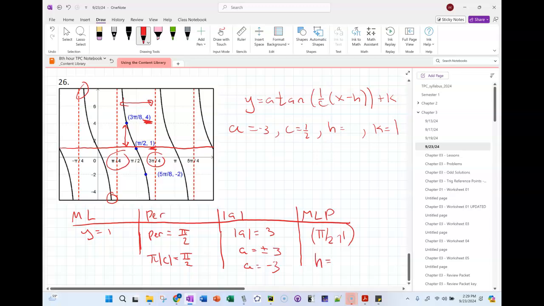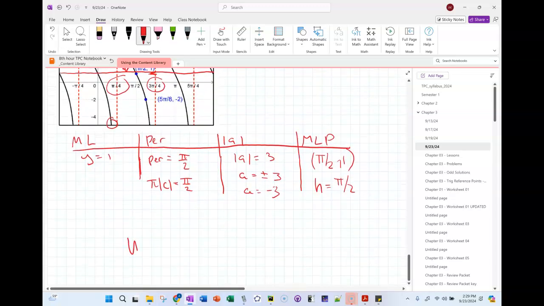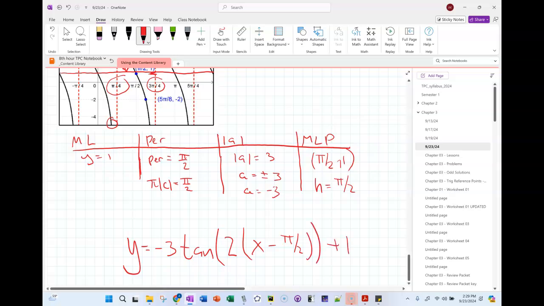And the H is? Perfect. So our final answer, when you put it all together, is y equals -3 tangent of 1 over 1/2, so that's just 2, times x minus H, plus K. And you could simplify that, I guess, if you want. I wouldn't recommend it. Not necessary.